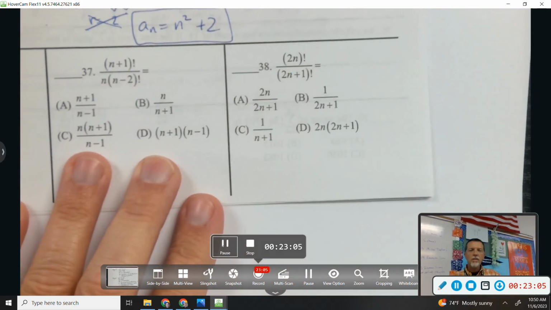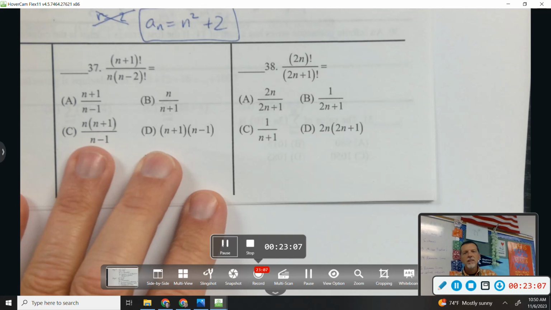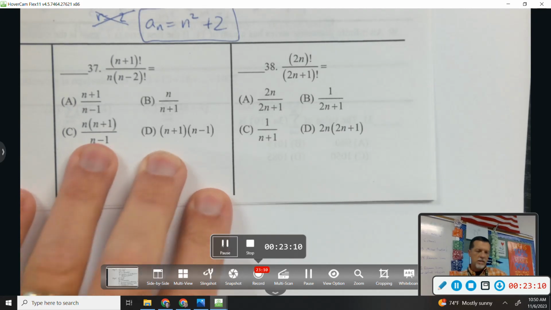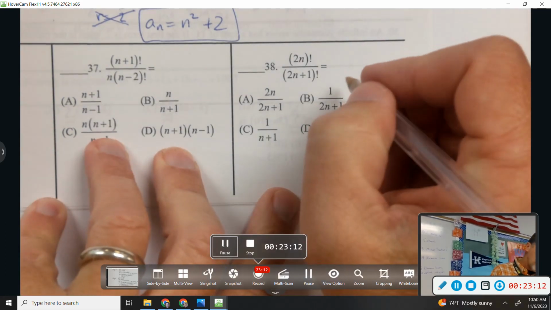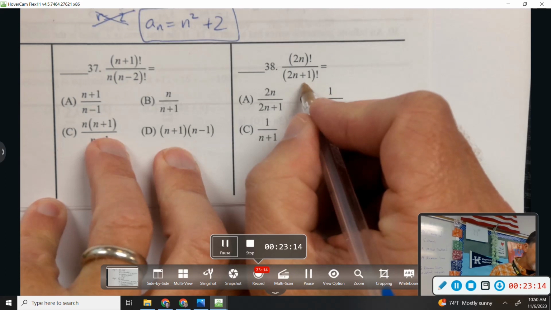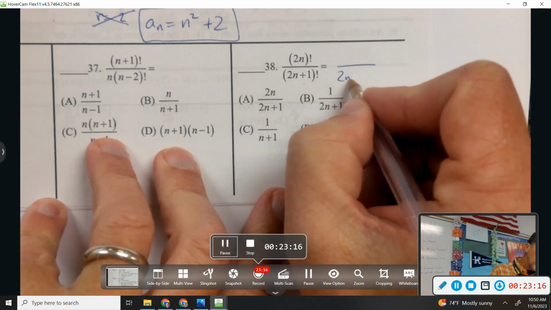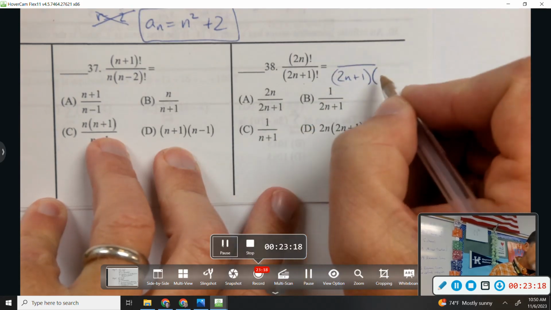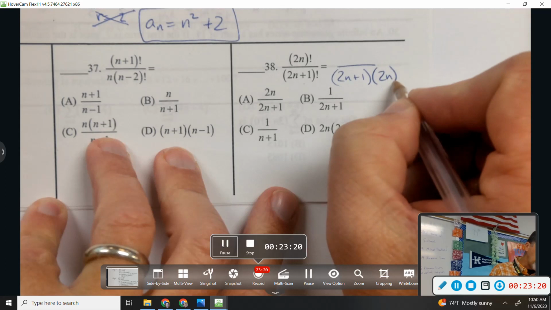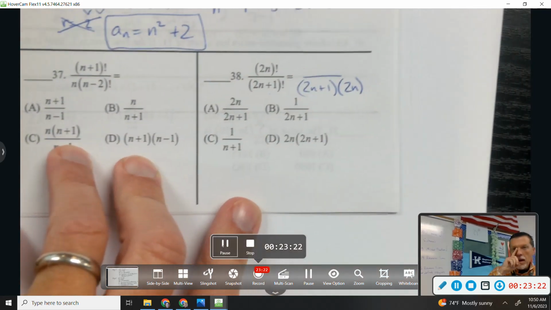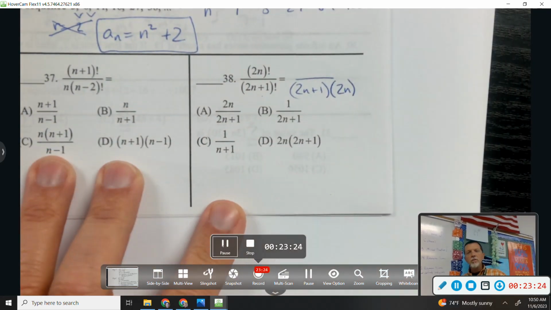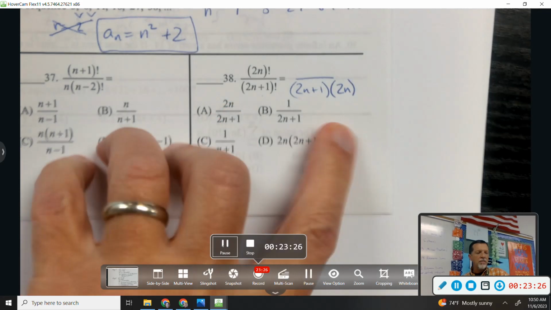38. Ooh, 2 n's in there. Let's see here. I should start with the bigger one. 2n plus 1 factorial would mean I'd go down to 2n. And then I'd go down to 2n minus 1, but I'm going to stop there. Why am I going to stop at 2n?